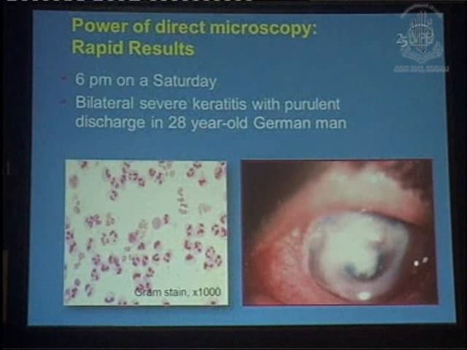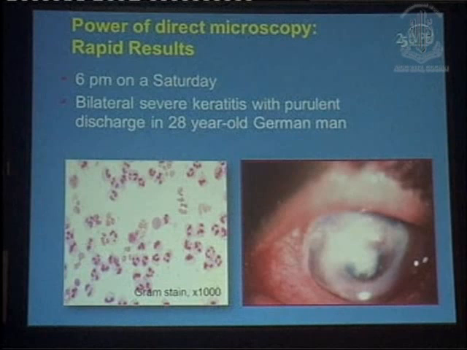I believe very firmly in the power of direct microscopy, which I already mentioned to you, and I'm very fond of giving this example of a German patient who came very late in the evening, and we could see he had a bilateral picture, the picture that is shown here.